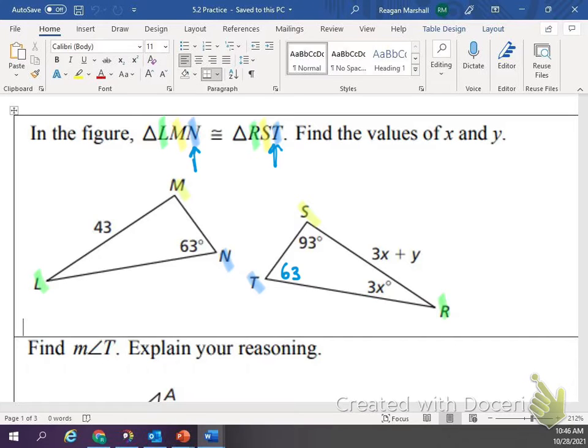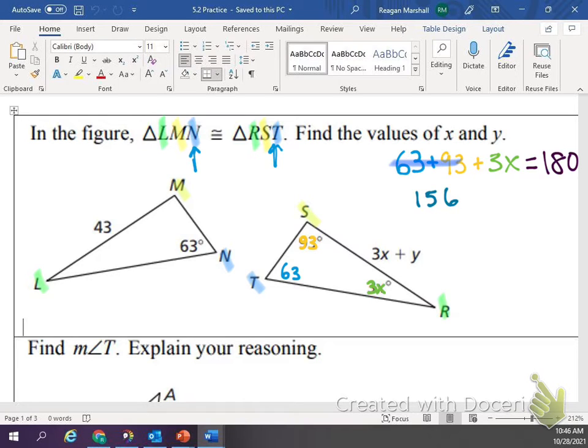And then what do we know about the three angles in a triangle? They add up to 180. So 63 plus 93 plus 3x, and now they equal 180. What is 63 plus 93? 156.